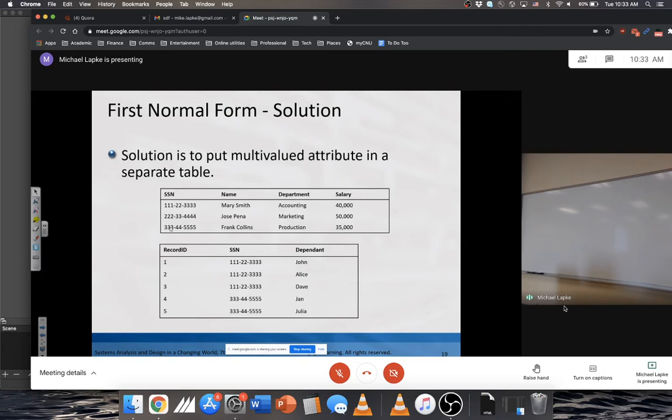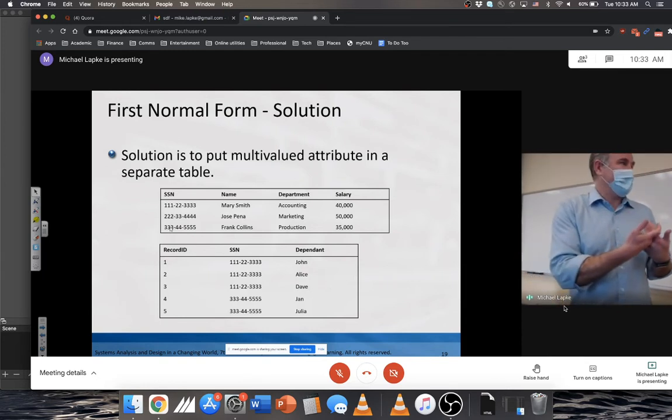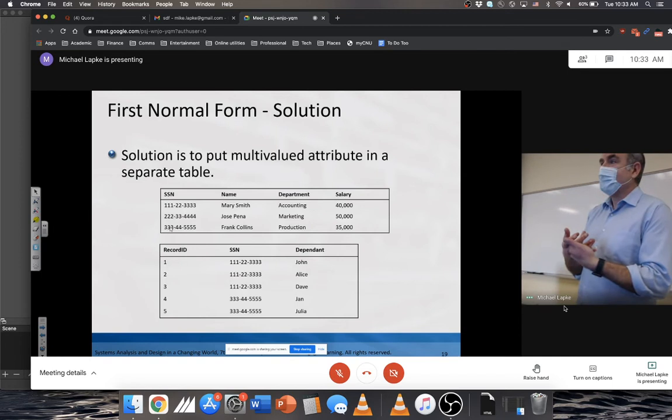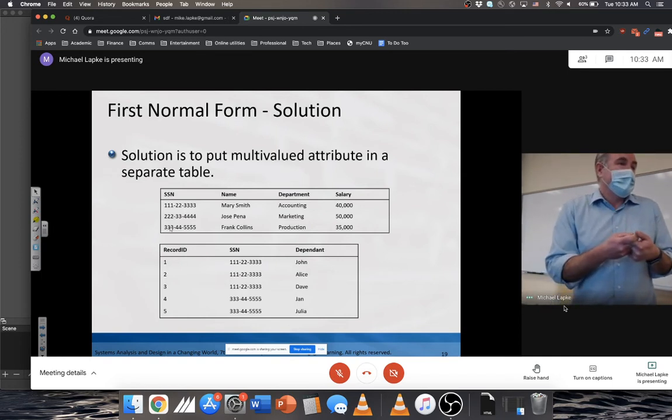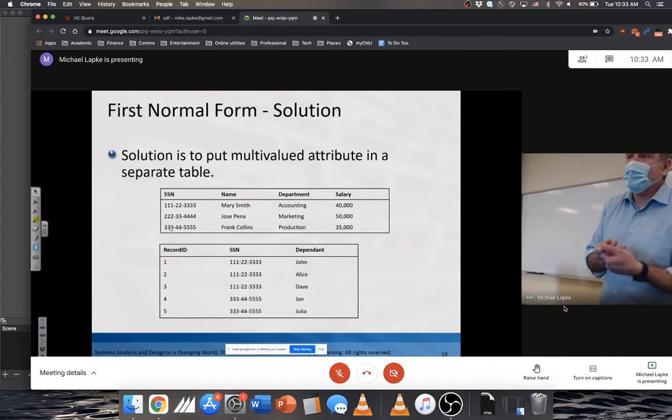However, anytime I do a query on an employee, I'm going to be joining these 2 tables together to get their dependents. And even if they don't have dependents, I still have to look. So that's going to be work, processor work.